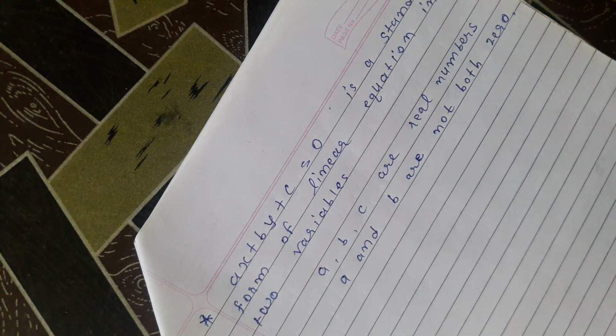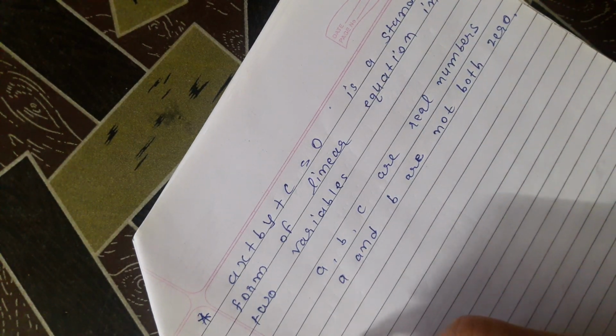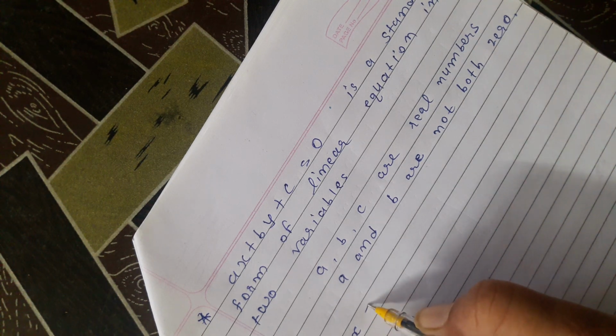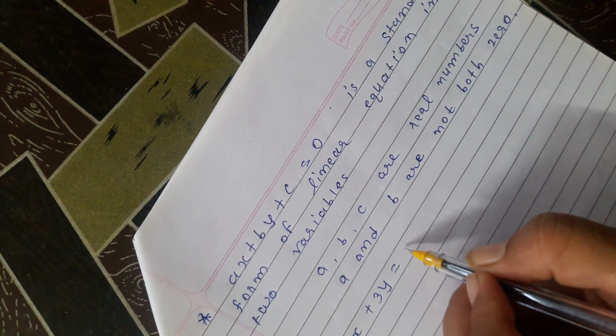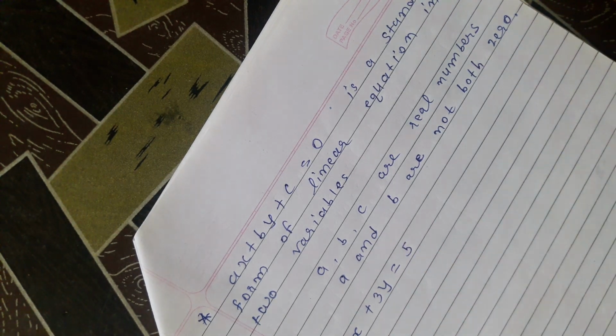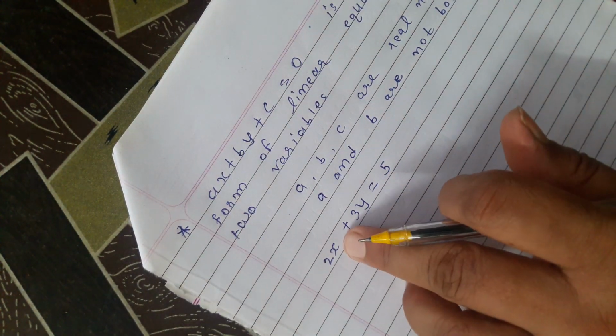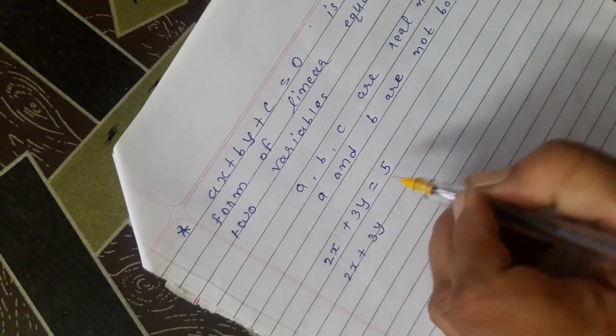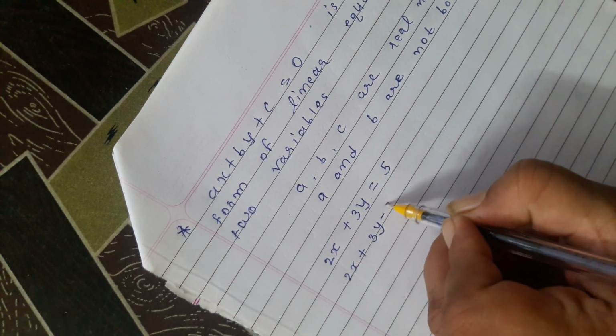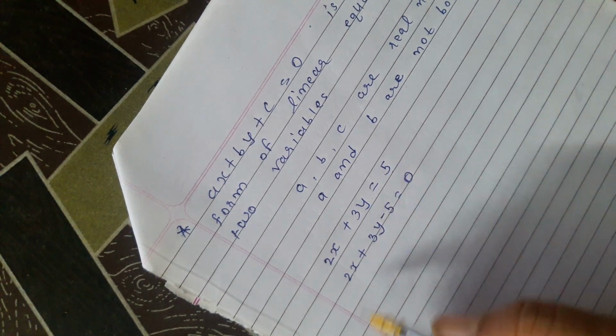Suppose we have this type of equation, 2x plus 3y equal to 5. So how to write this equation in standard form? So 2x plus 3y, taking 5 to this side, minus 5 equal to 0.